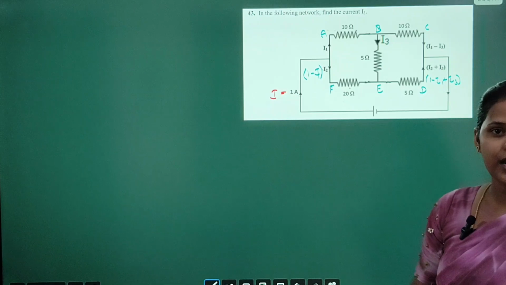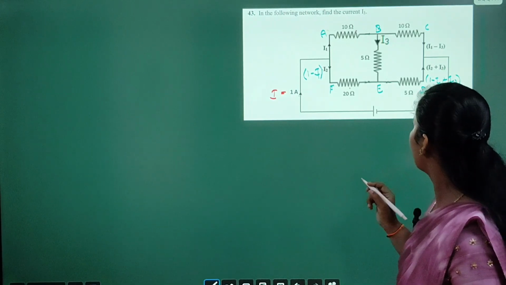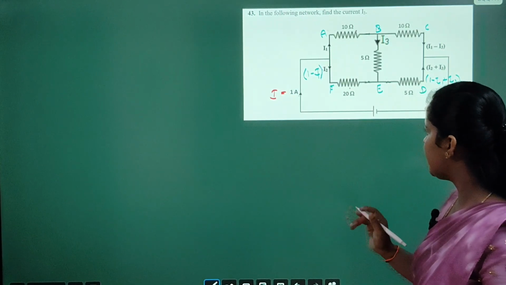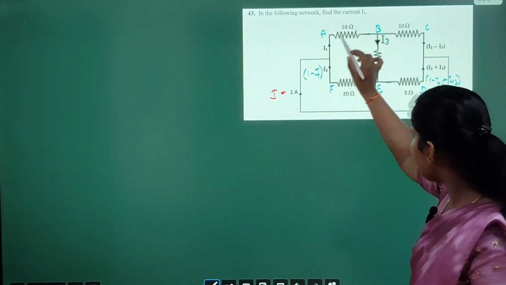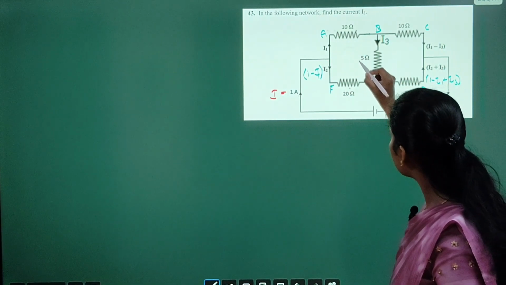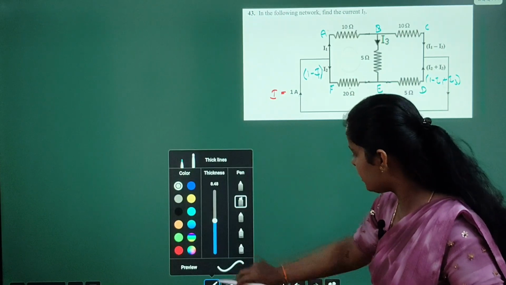Before applying KVL, we first have to know the rules of KVL. Here we take the product of current and resistance along with the loop direction.